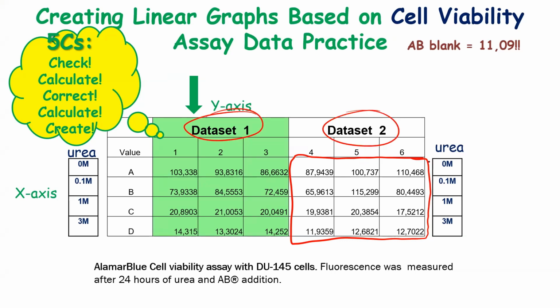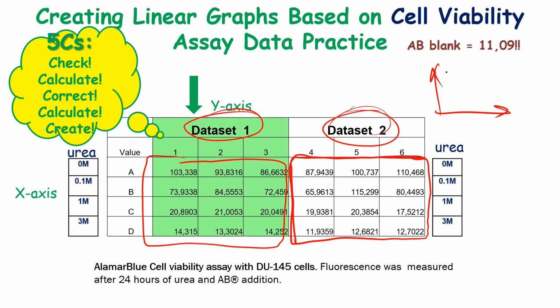So I want to see the calculations for dataset 2 or dataset 1, whichever you prefer. And then you draw the graphs for both of these datasets. Is it clear, guys? Yes. Nice. So you will have two graphs, but one dataset should be calculated.